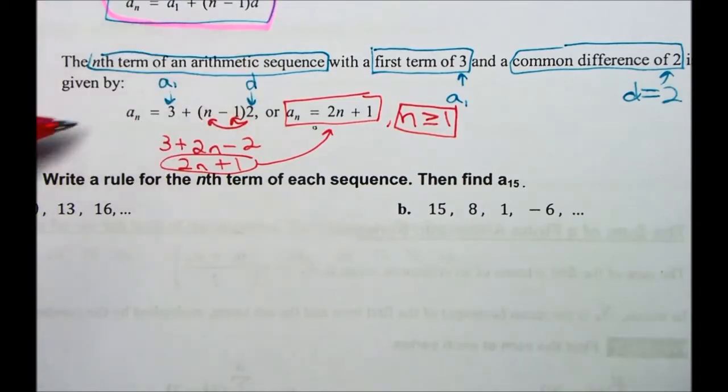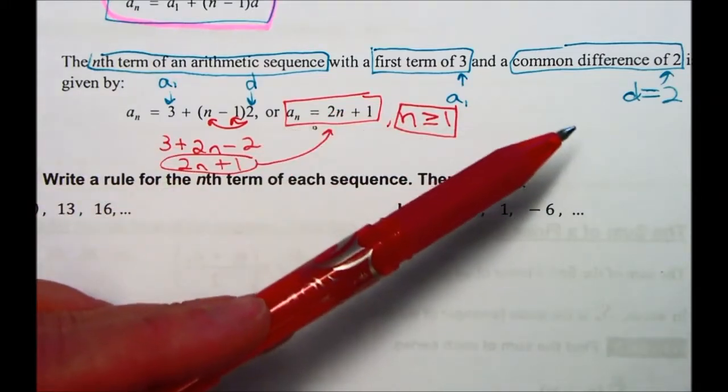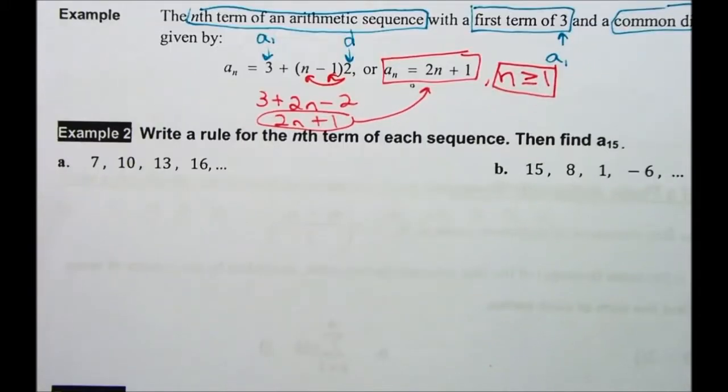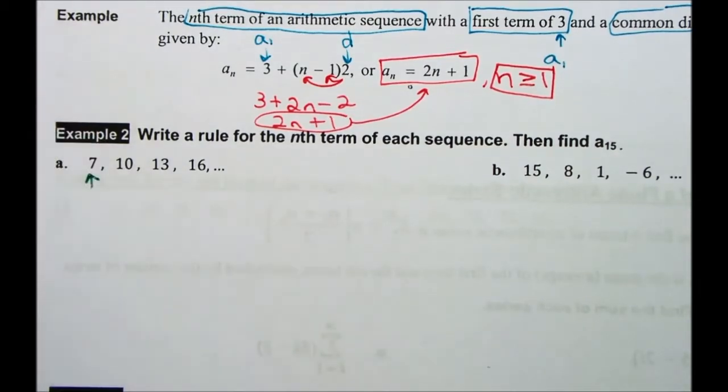So this was an example of how to write an arithmetic sequence given the first term and the common difference. Well, what if you're just given the list and not given the common difference or the first term? Well, you can figure it out. If you're given the list, the first number in the list is your a sub 1.